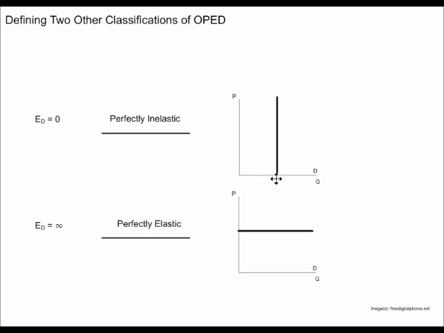At the other extreme, anything greater than 1 is elastic, could be all the way up to infinity. If we have our own price elasticity of demand equal to infinity, we call those perfectly elastic, and that's a perfectly flat line. And you could think about, geez, any small change in price and all customers are just going to completely leave the market. Perfectly elastic goods, those are goods that have many substitutes.